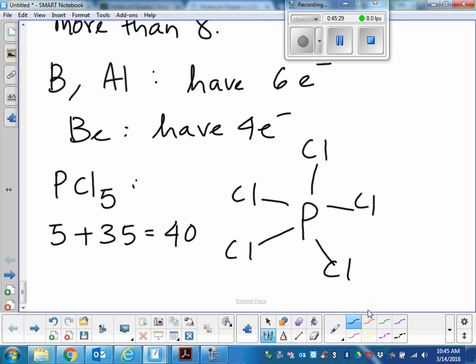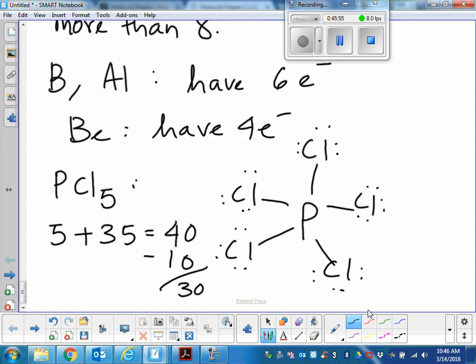It's breaking the octet. So if I get rid of my 10, I have to account for 30. There are 5 chlorines, each needs 6. 6 fives are 30. And that is my Lewis dot structure.